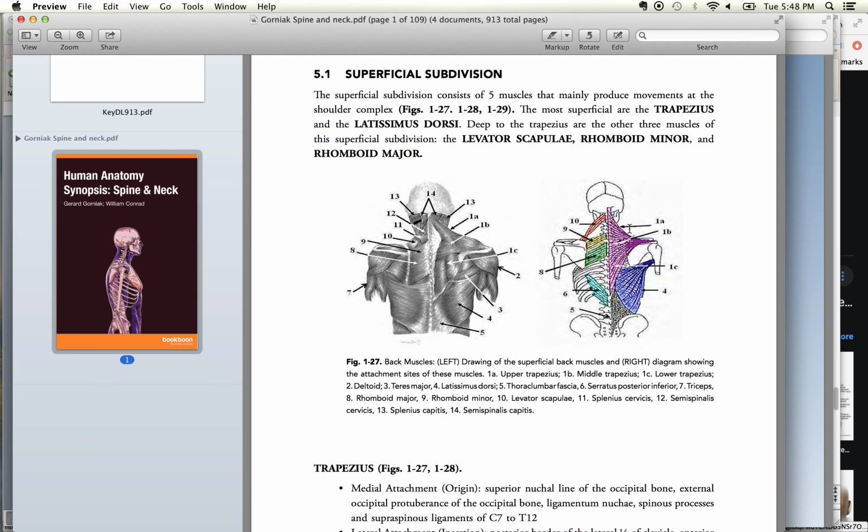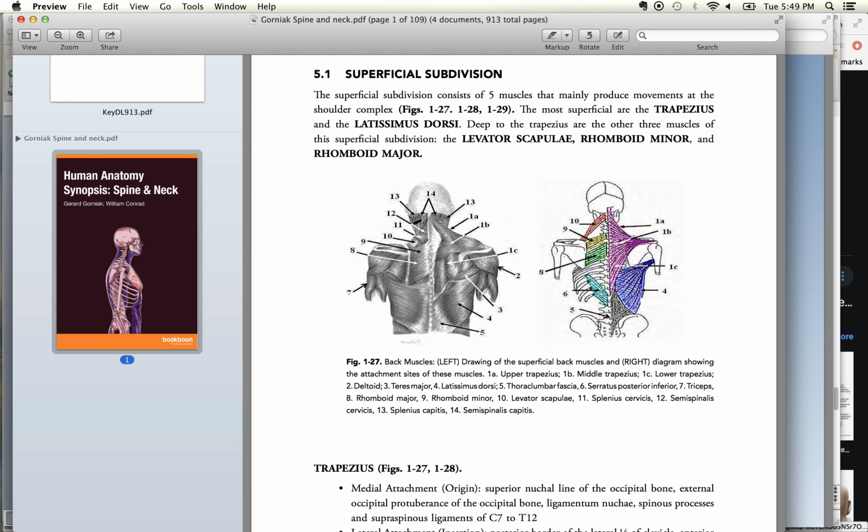If you can see my cursor, I'm hovering over the transverse processes at C2. The actions here are going to be to elevate the scapula. It assists in rotating the glenoid downward. Okay. It extends the neck when it's contracted on both sides, laterally flexes the neck on the same side, and rotates the neck on the same side.